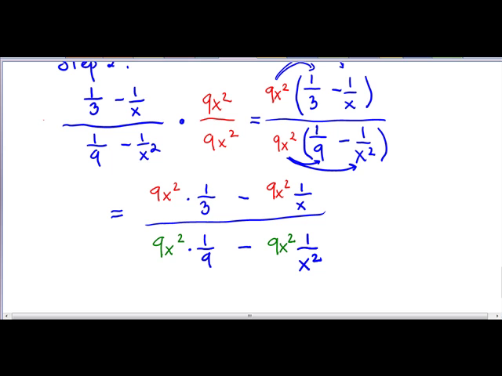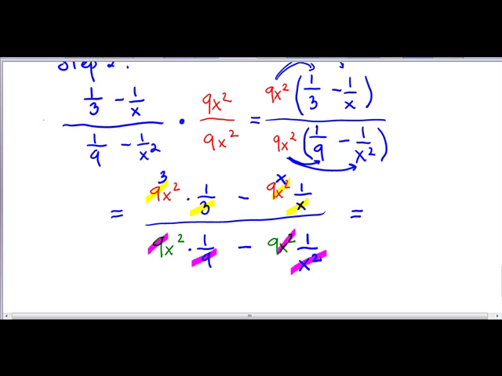Now we're going to simplify. 9 and 3 can cancel out. We have 3 left. Here we can cancel out the x. We have 1x left. At the bottom, the 9 and the 9 cancel out, and the x squared and x squared get cancelled out.